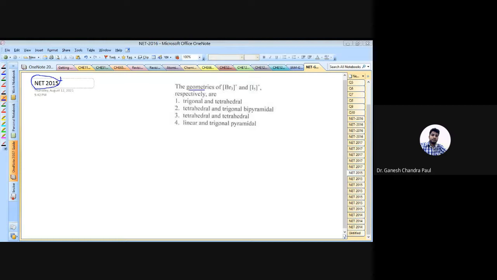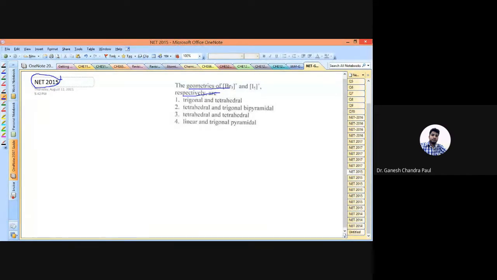You can see here the geometries of Br3+ and I5+. Okay, tell me the answer. You should take a maximum of 2 to 3 minutes on one question.